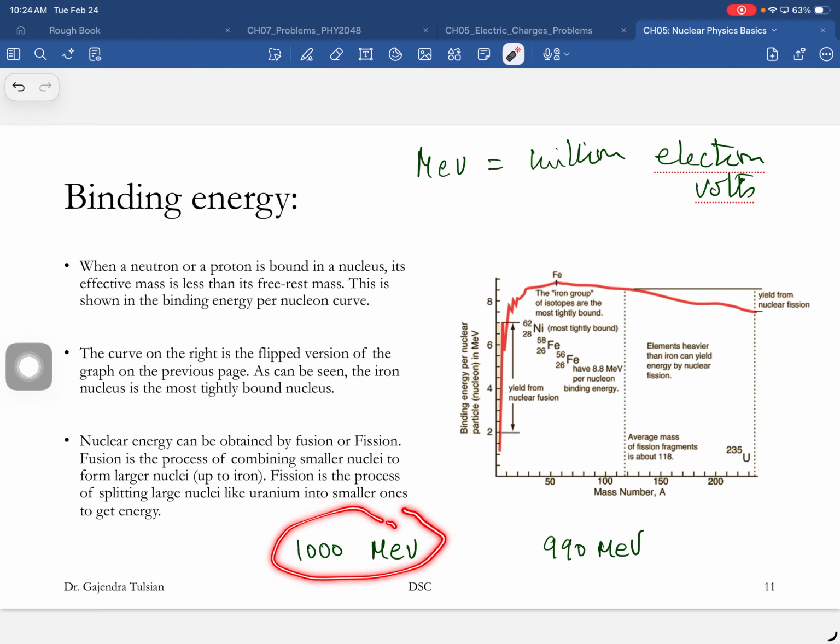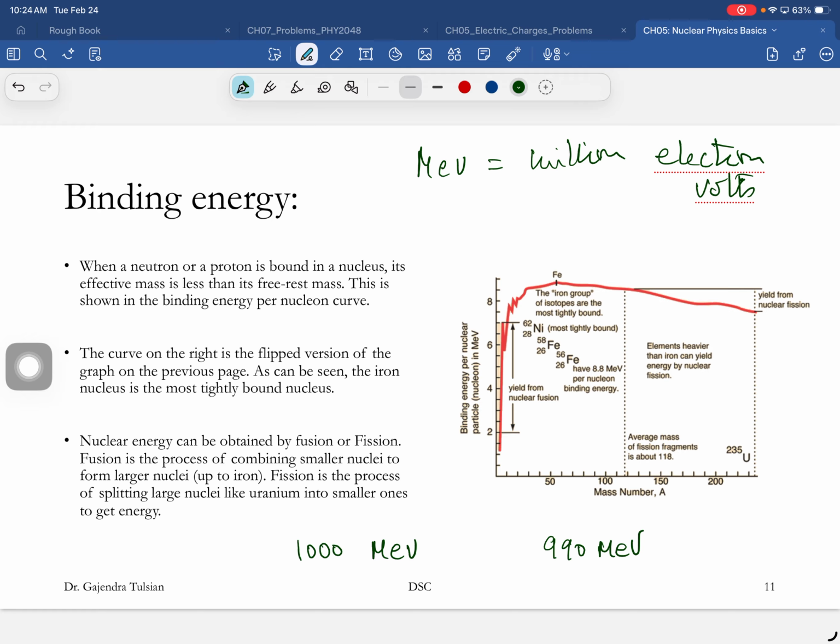Except that here's the thing. For this strong force to come into play, the protons have to be very close together, within 10 to the minus 15 meters. And that's why all these nuclei are tiny. That's what we saw on the first page.